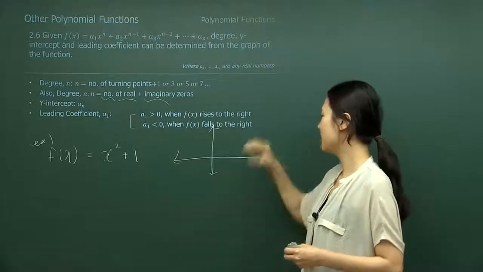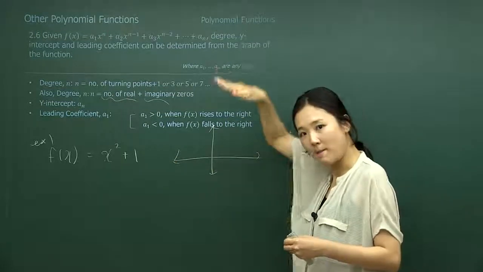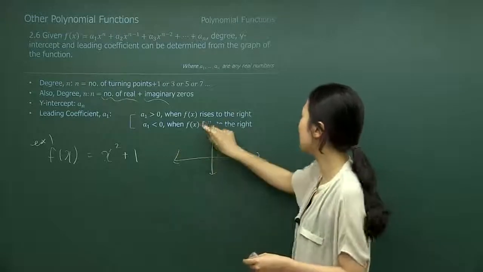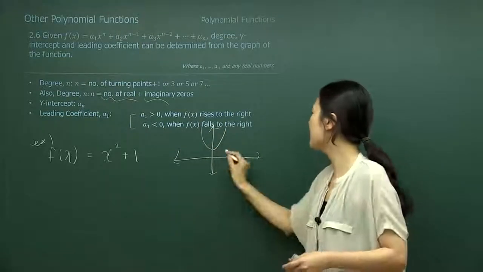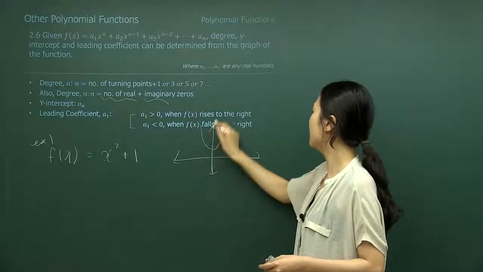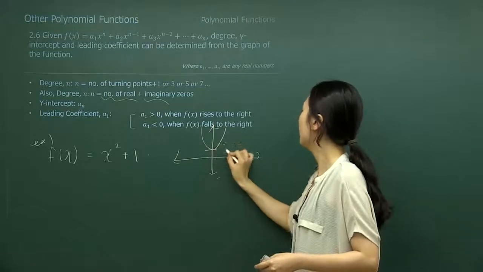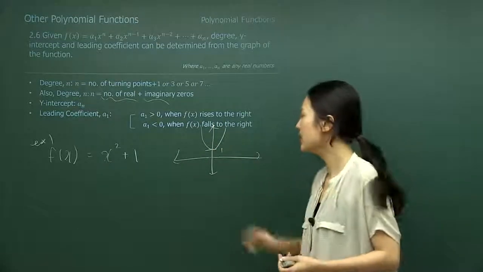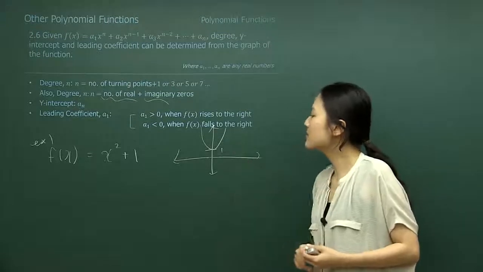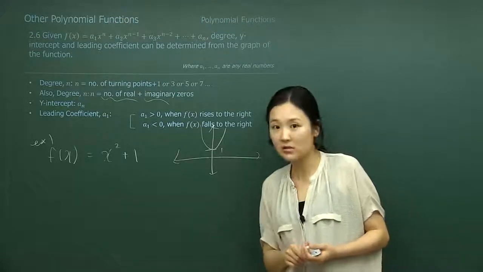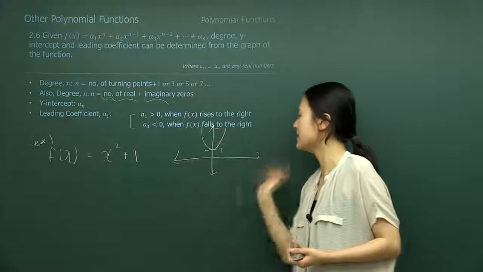Plus 1 means moving your function up by 1 unit, right? So this is a perfectly symmetrical parabola about the y-axis with a y-intercept of 1. As you can see, this does not have real zeros. It doesn't touch the x-axis.